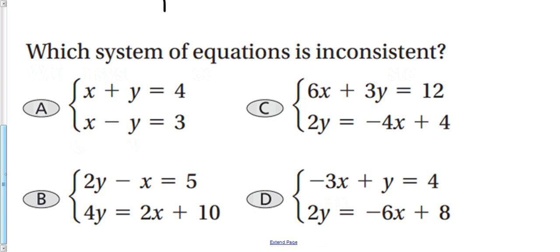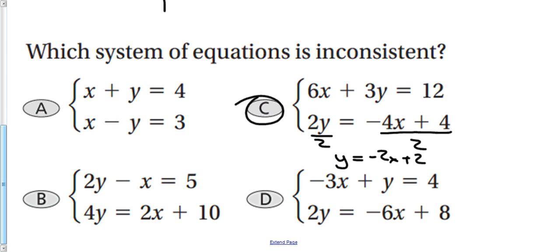Which one of these is inconsistent? Well, how can you tell? You want to put each into slope-intercept form and see which one gives you the same slope but different intercept points. C is going to be the answer, because we can divide this equation by 2, which gives me y is equal to negative 2x plus 2.